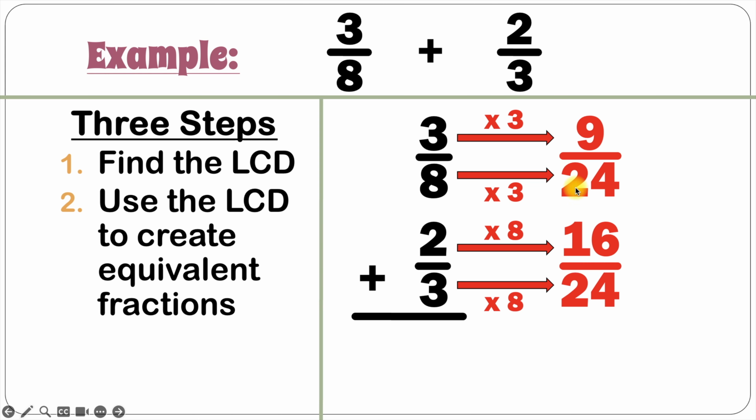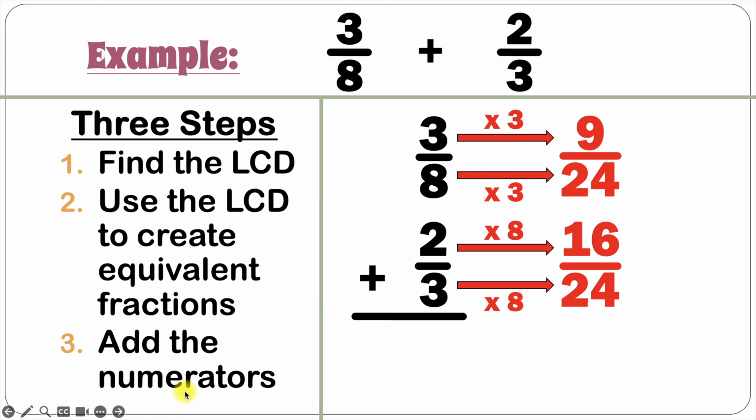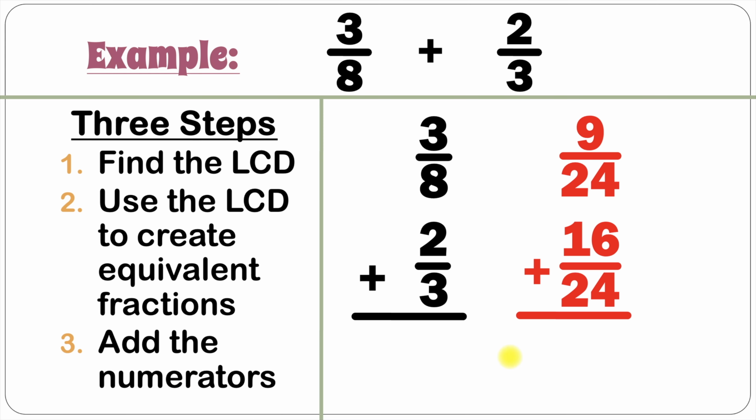We now have fractions with the same denominator, which means we can go to step number 3, which is to add the numerators. So we've got 9 plus 16, and that equals 25. So our answer is 25 over 24. But we have a problem.